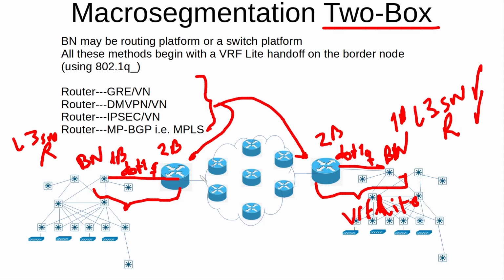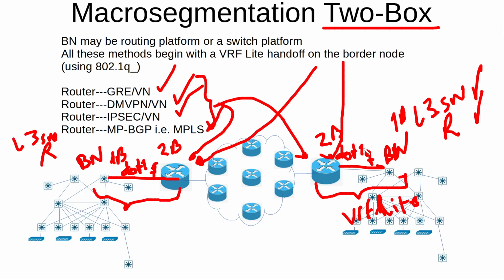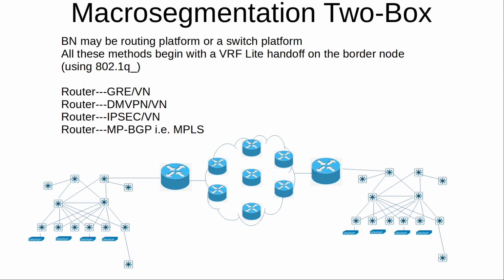And then in order to do the magic of communicating VNIDs, I'm going to rely on several options, and these options will be configured in this router. I'm not going to overload the border node with a lot of configuration. The border node is not really doing a lot of stuff here. The device in charge of doing the magic will be this secondary device, the router. So let's examine how this can work.